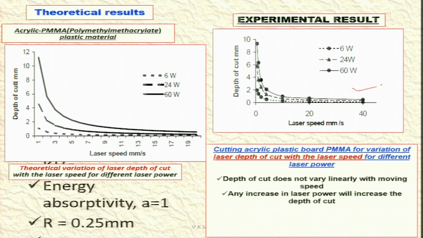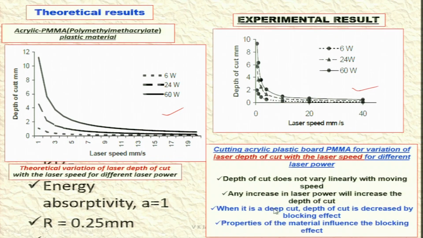Any increase in laser power will increase the depth of cut. You can see that behavior here also, because this is higher, that is for 60 watt, and this is minimum for 6 watt. When it is a deep cut, depth of cut is decreased by the blocking effect. Properties of the material, fluence, the blocking effect.